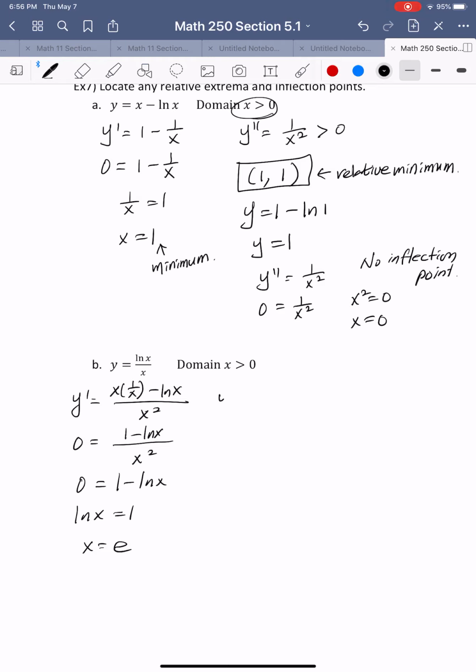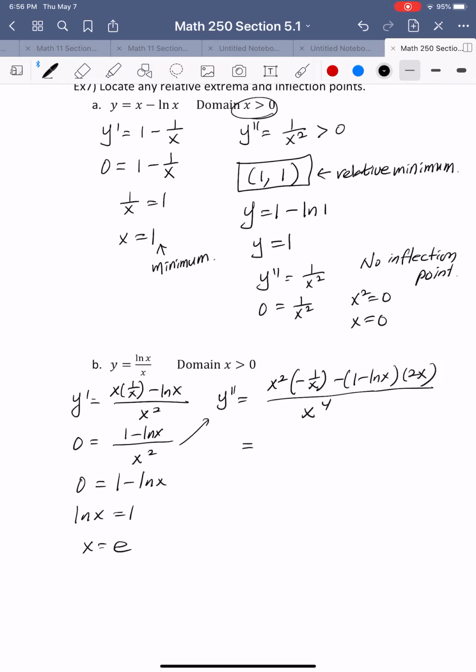So in order to find the minimum or maximum, we need to find the second derivative from here. Okay, so I get x squared times negative 1 over x, minus (1 minus ln x) times 2x, all over x to the fourth.